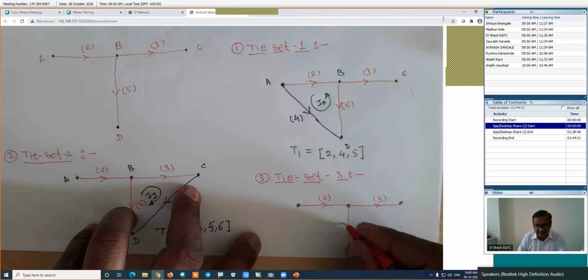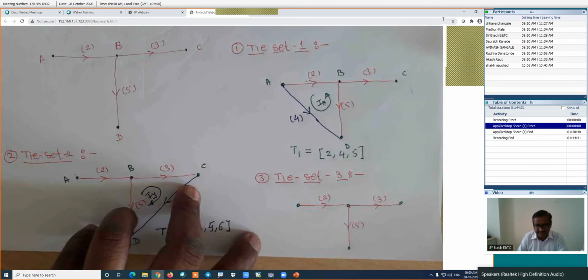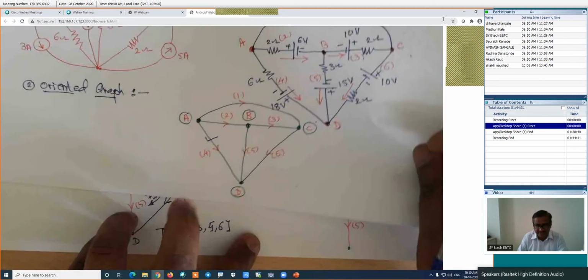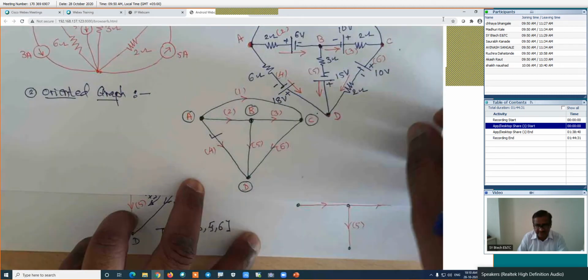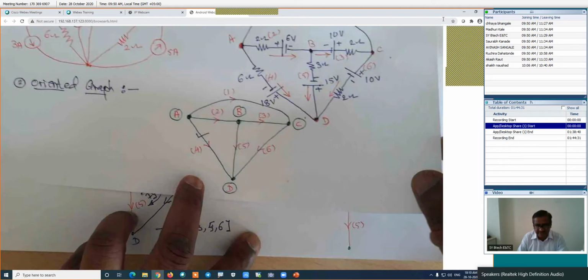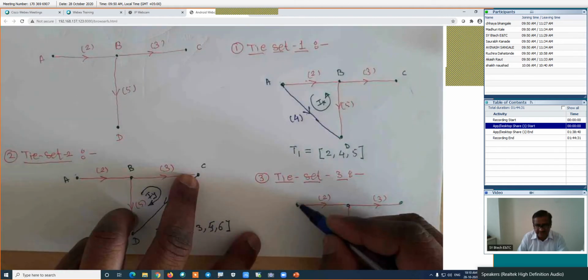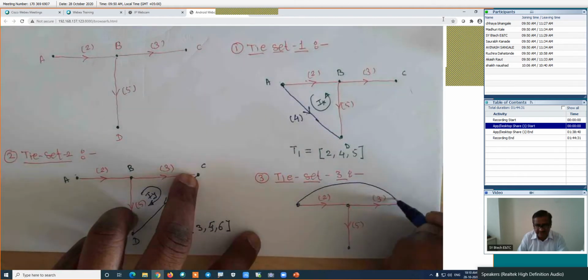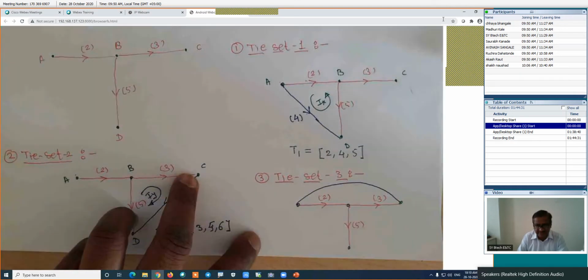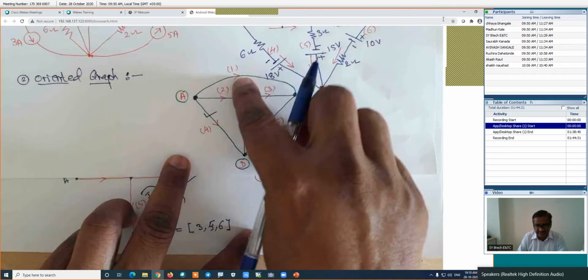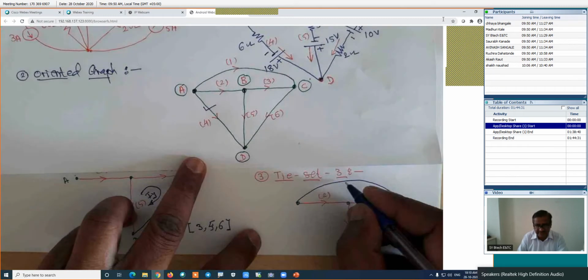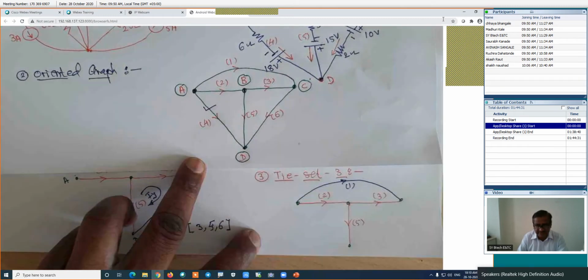This is branch number 5, which is forward. Now what I will do is take this upper branch. We will take branch number 1 as the third core-tree branch, and it will again form the closed path, something like this. How is the direction of that branch? It is forward.